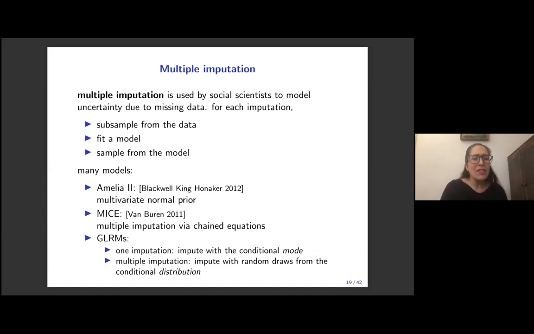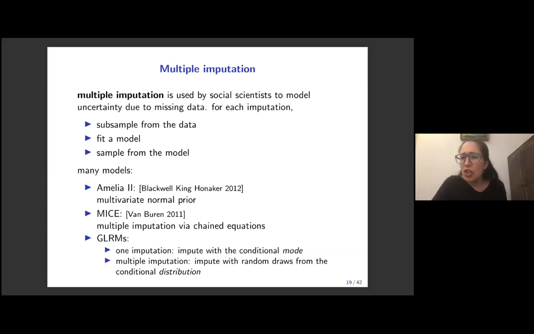Okay, so there are lots of different models for multiple imputation. In the social sciences, I think some of the most popular ones are Amelia 2 and mice. You can also use generalized low rank models for multiple imputation. You do need to use probabilistic loss functions for which it makes sense to ask to draw a sample from the posterior.